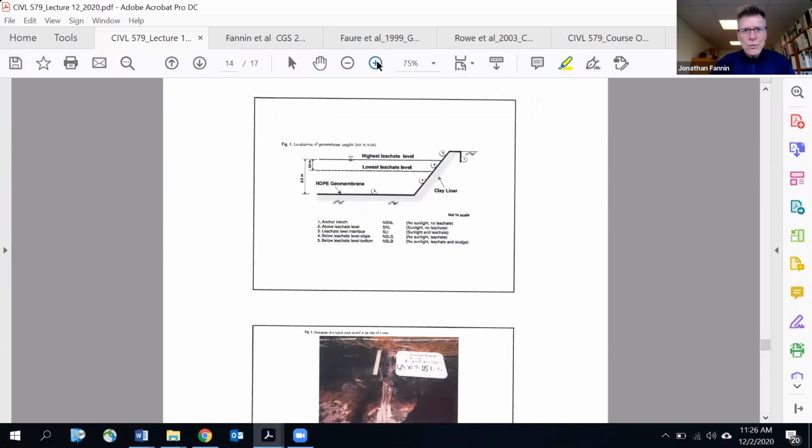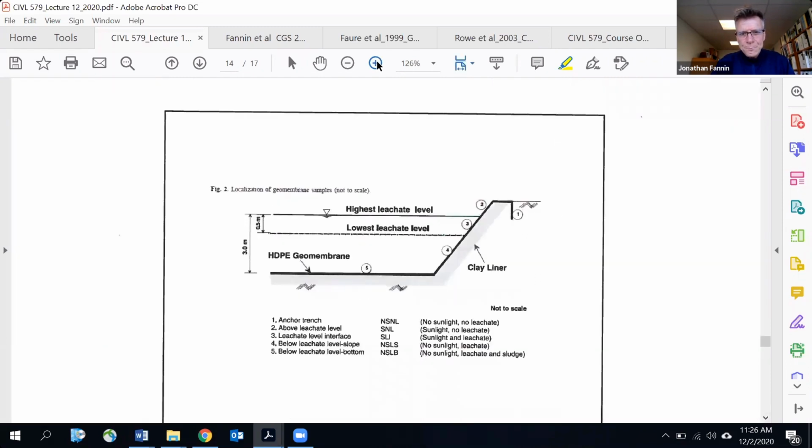The framework is shown here, where they categorized where coupons were taken from. Relatively benign in an anchor trench, to arguably quite aggressive below the leachate level where there was no sunlight, leachate, and let's call it sludge deposits.